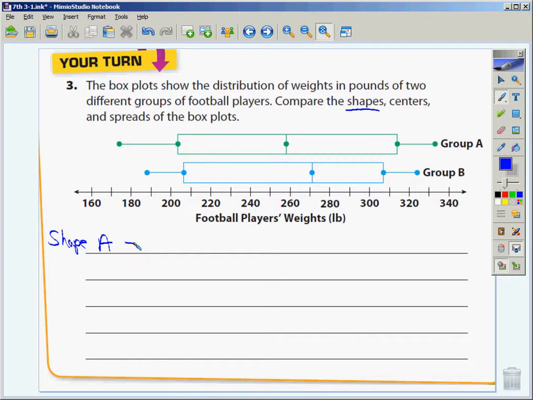Look at the data in Group A. Does each piece look like it's about the same length? In Group A, it's possible that the whiskers might be a little shorter than the box itself, so it might be a little bit clustered in the center, but it looks relatively evenly distributed.